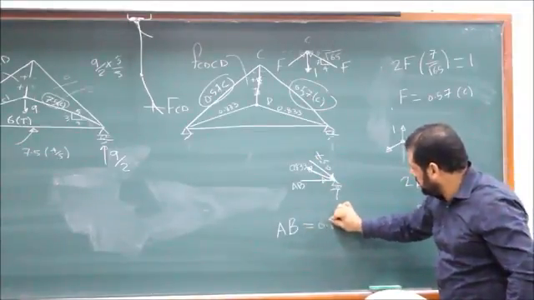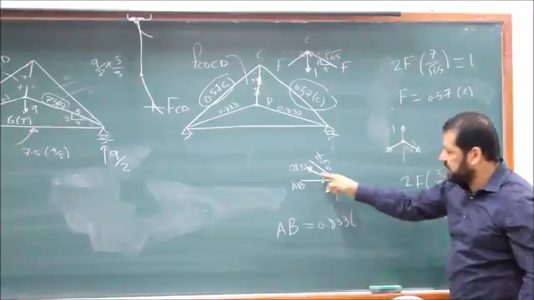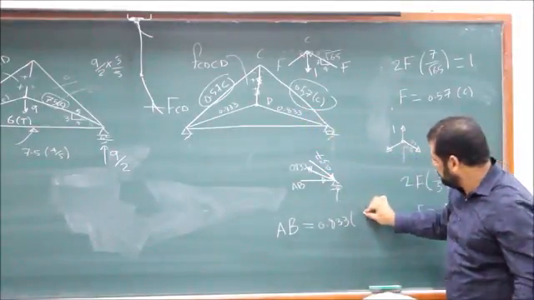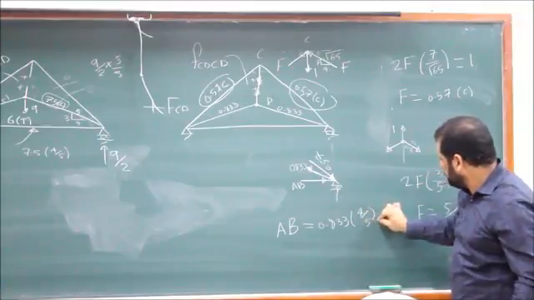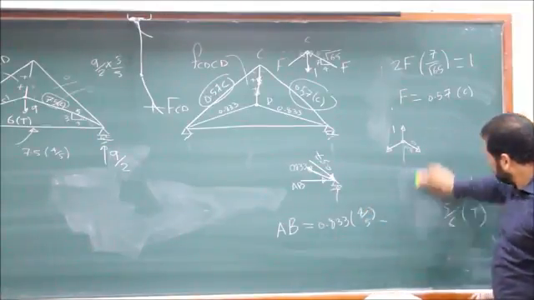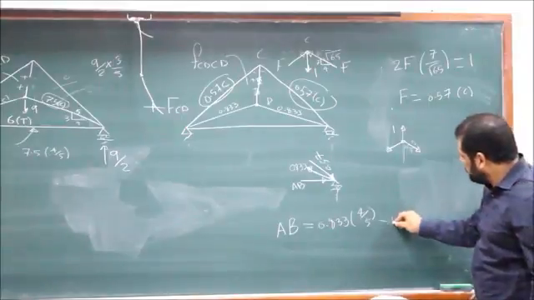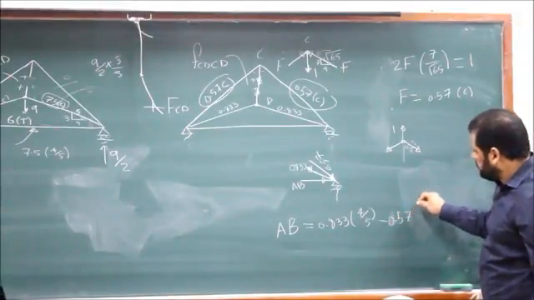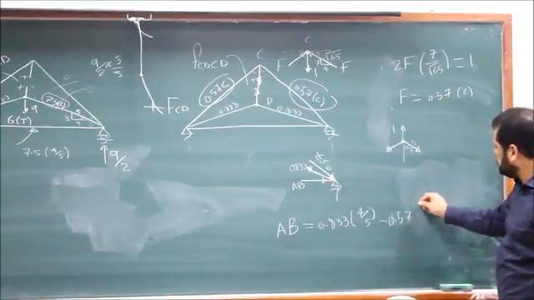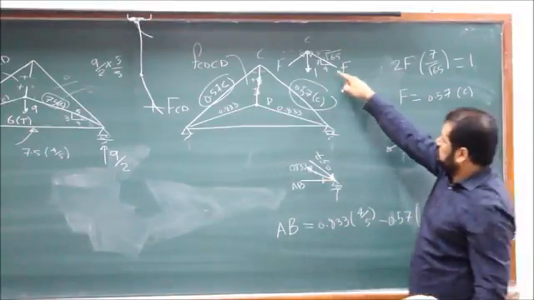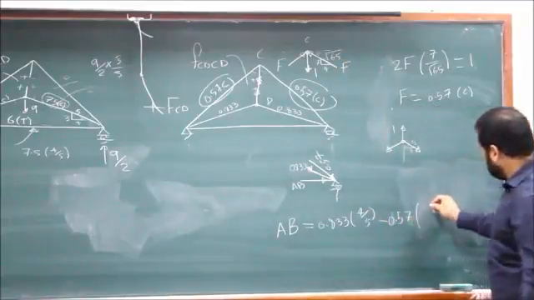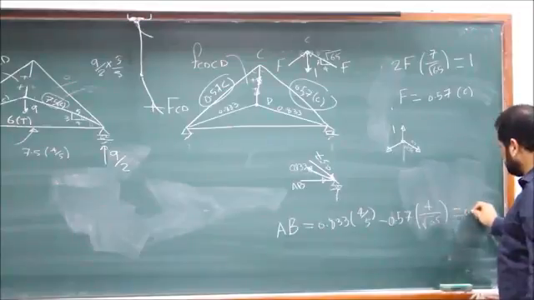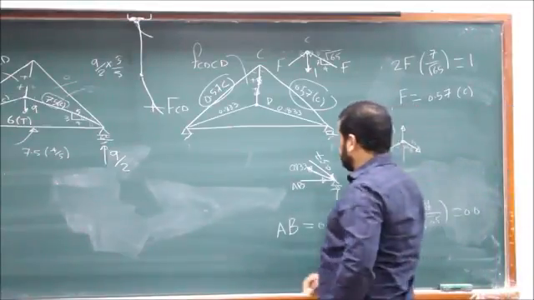Equal 0.833 cosine of the angle, which is 4 over 5, minus 0.57 cosine of the angle which is 4 over square root of 65, equal 0. We get AB.